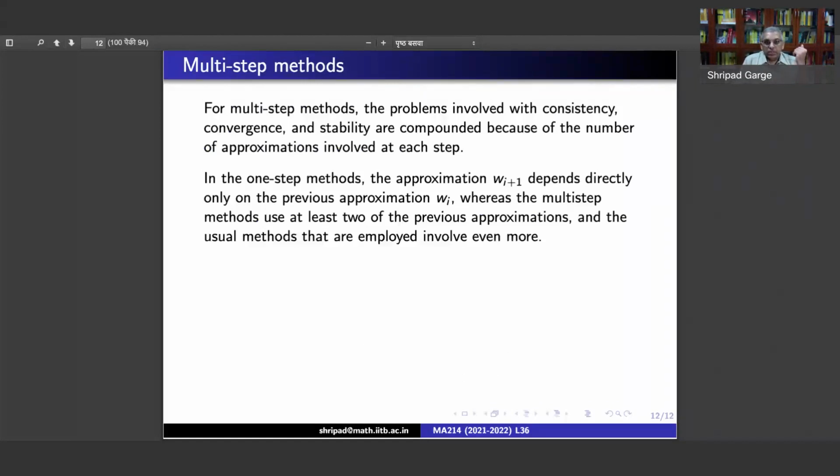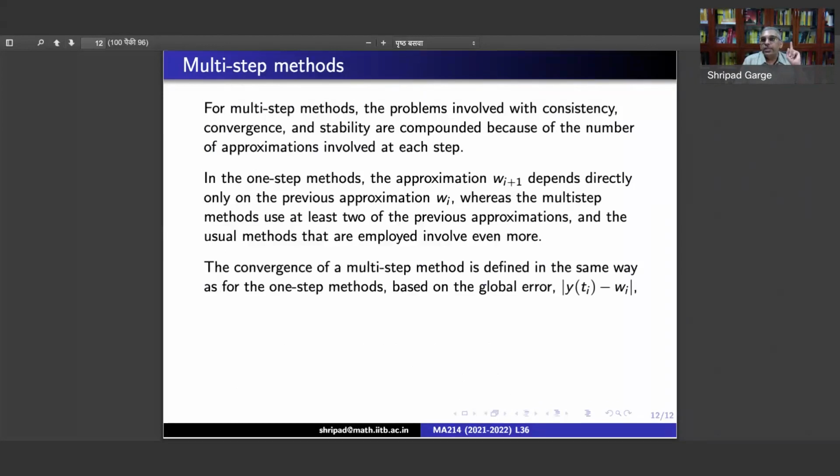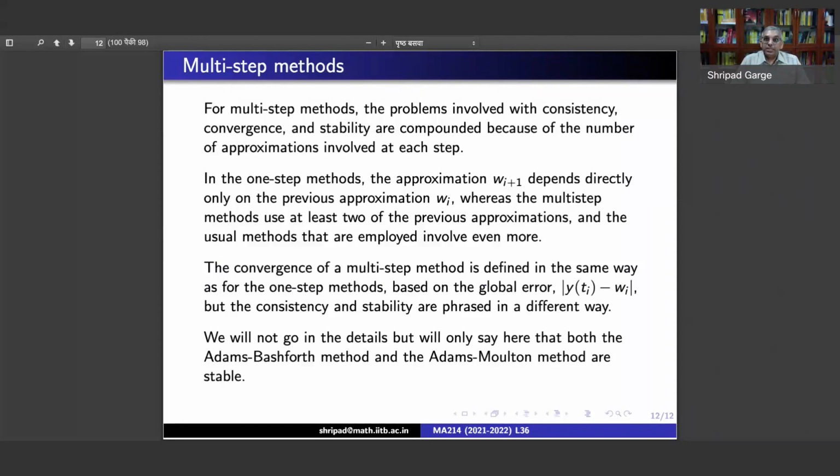So the convergence is defined in the same way because it depends only on the global error, y(t_i) minus w_i, but the consistency and stability are defined differently. So we will not go into those details, but we will only say that the methods that we have used, namely the Adams-Bashforth and the Adams-Moulton method, are both stable.